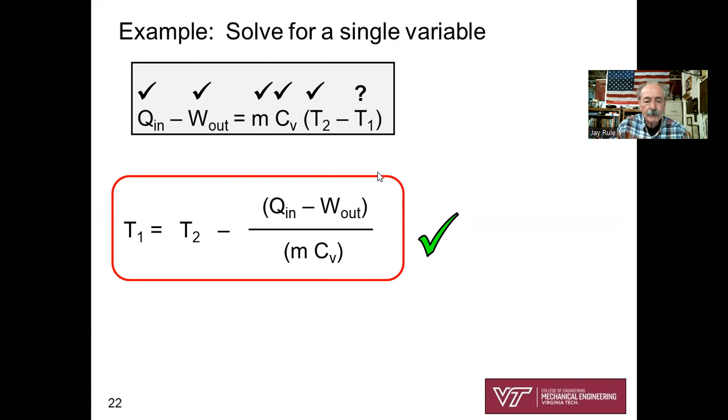So I would take T1 and flip it to the left side, and this group of numbers I had on the left side, I'll flip to the right side. That way I can solve for T1 equals. So T1 is simply equal to T2 minus the quantity Q in minus W out in the numerator, divided by m Cv in the denominator.